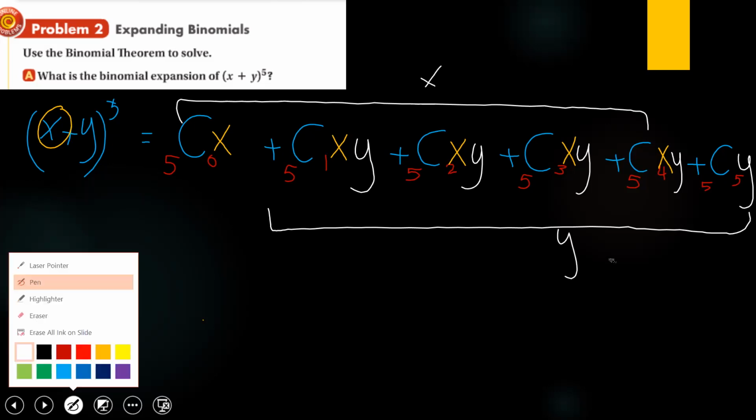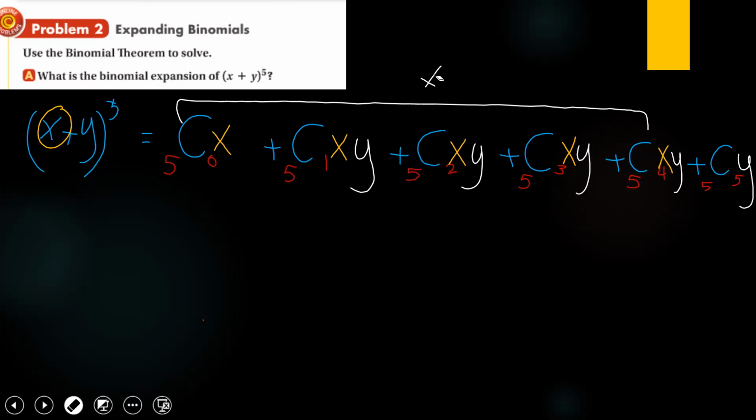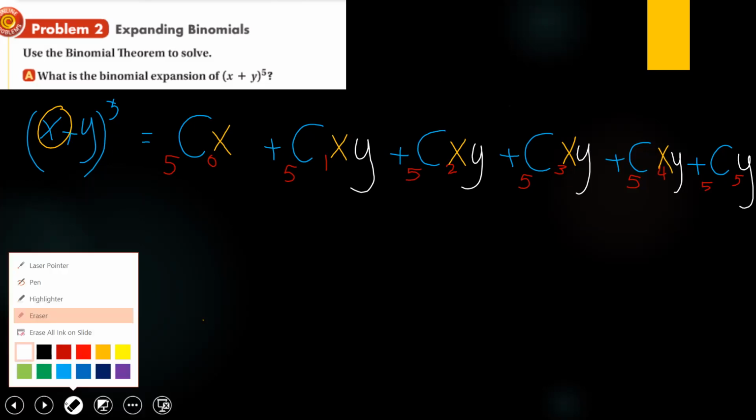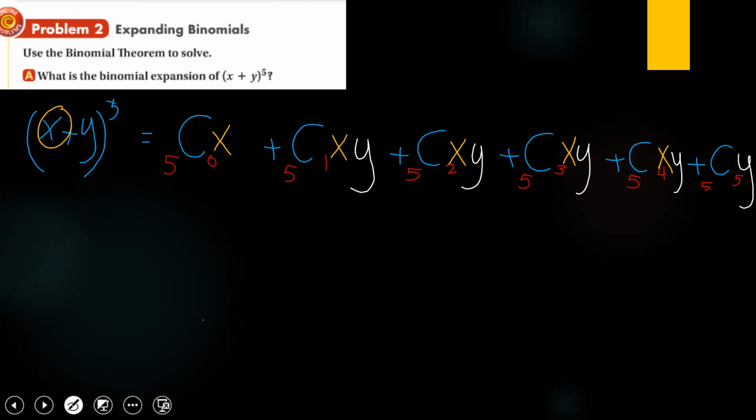Then after that, here I give you a way to memorize it. It will be easier, inshallah, for you to understand. Then x, here you have to raise it to the power 5. So you have to say 5, 4, 3, 2, and 1.